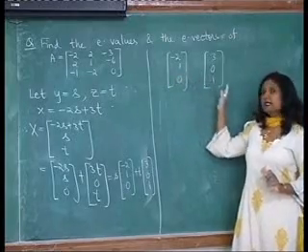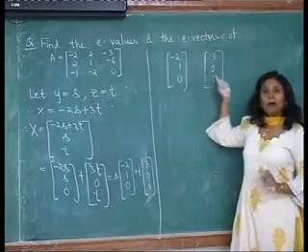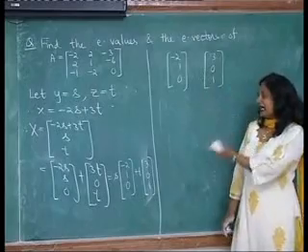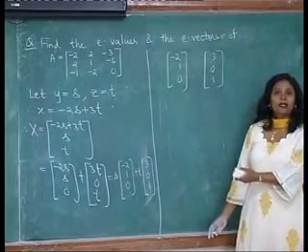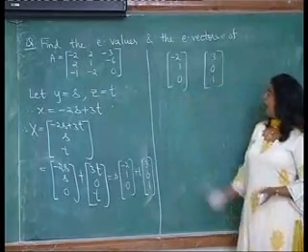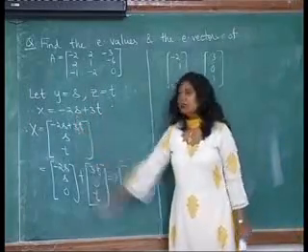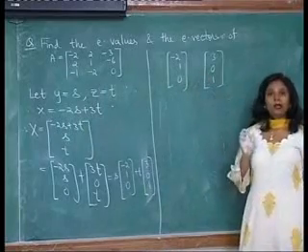These are what are called linearly independent eigenvectors. This is not a multiple of this, nor is this a multiple of this. Whereas in the earlier case for lambda equal to 5, if I take any other eigenvector, it's going to be a multiple of the vector that I had written. However, that's not the case over here. So if there are two free variables, you will get two linearly independent eigenvectors.